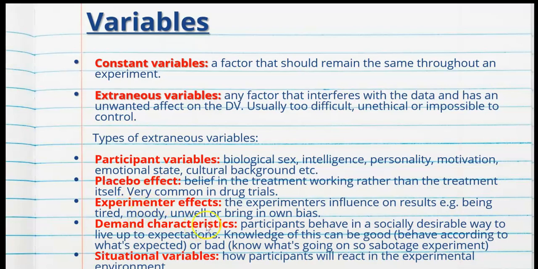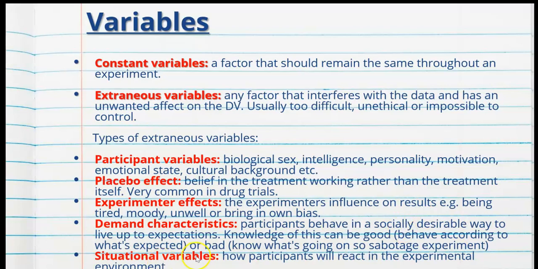That's called demand characteristics. So again, it can be good, so behave according to what's expected and what the rules or the expectations are of the experiment, or it can be bad. So if our participants have a heads up of what's going on, they may deliberately lie, not to get good results, but just to sabotage the experiment because they obviously are aware of what's going on. And that leads to our results being inaccurate.